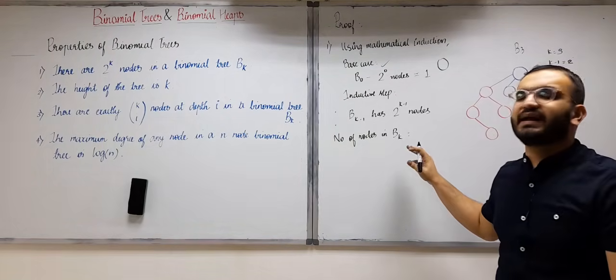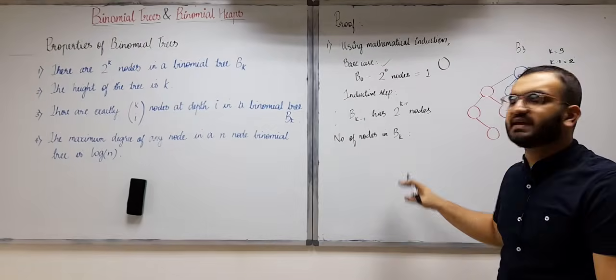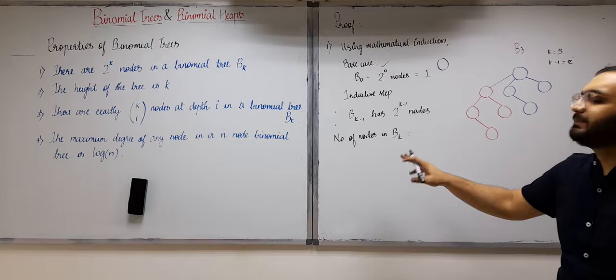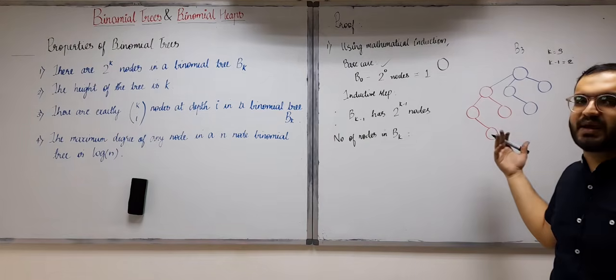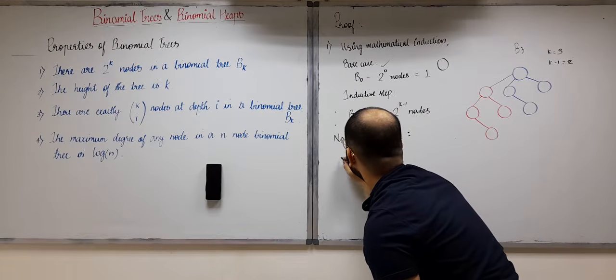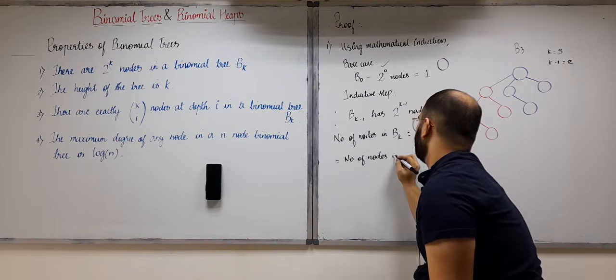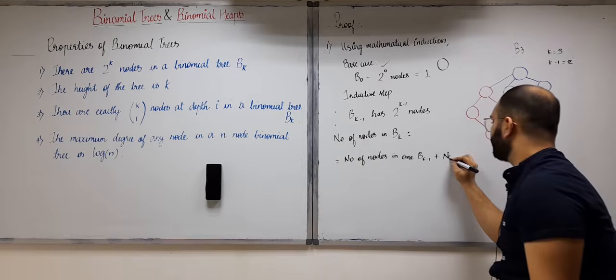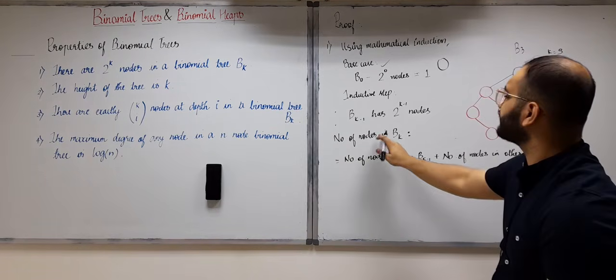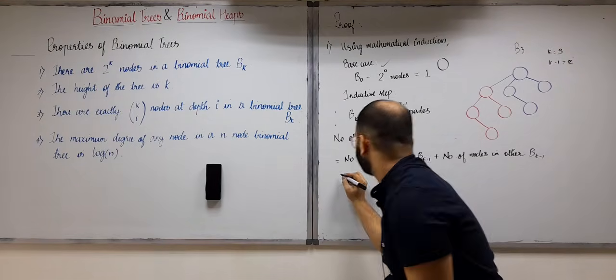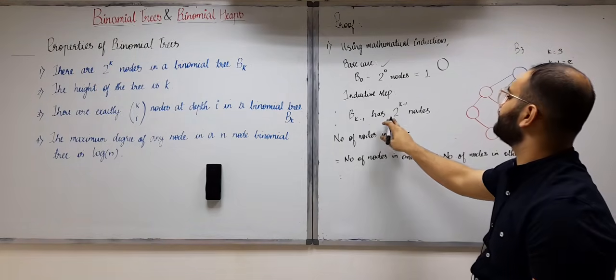So here we can write that the number of nodes in Bk will be the number of nodes in one Bk minus 1 plus the number of nodes in the other Bk minus 1, which we are combining, right? So what is the number of nodes in Bk minus 1?